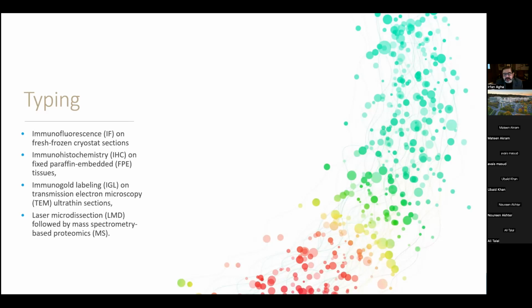And then the talk of the town is laser microdissection, LMD, followed by mass spectrometry based proteomics. So I'm not going to spend too much time on all these techniques.